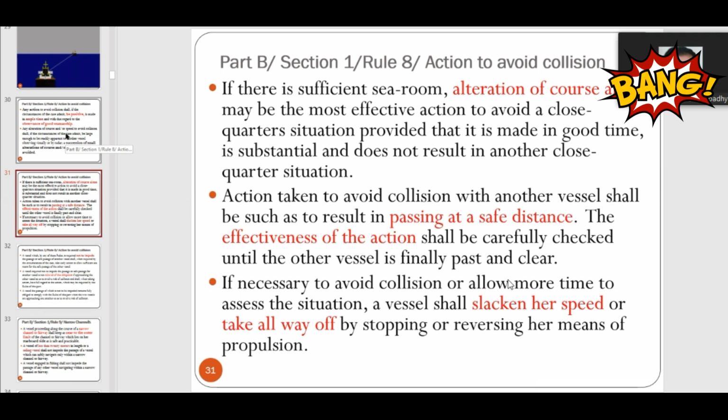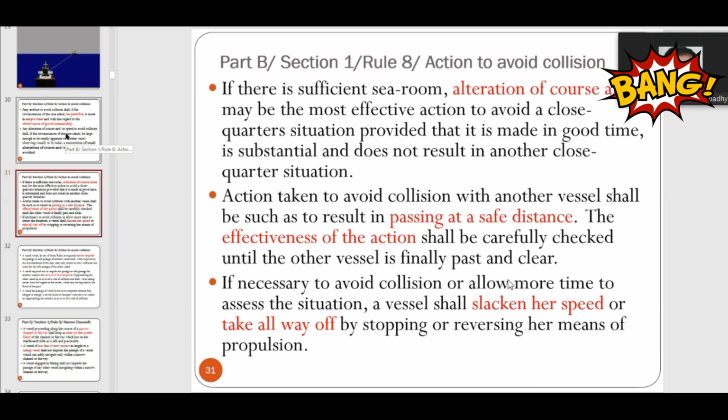There are other vessels, the 4 or 5 vessels. So you need time to assess the whole situation to determine the risk of collision with all other vessels. So if you feel it is safe, you can reduce your speed, that's the safest, or take all way off by stopping or reversing her means of propulsion.